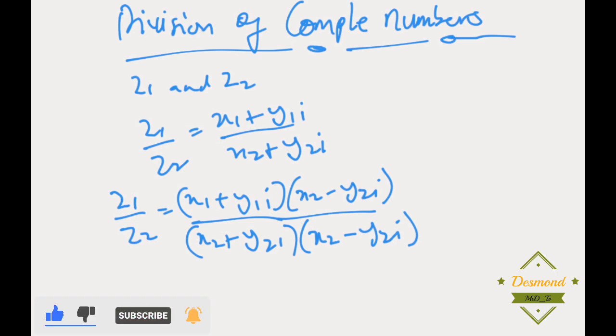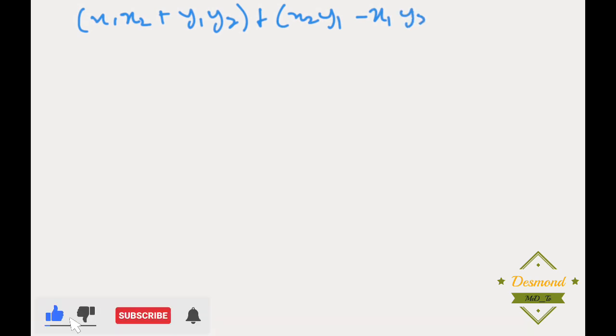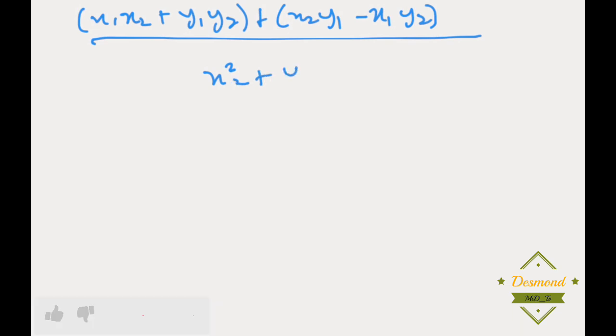When we expand it, we should get x1x2 plus y1y2 plus (x2y1 minus x1y2)i over x2 squared plus y2 squared. This is what we should get.